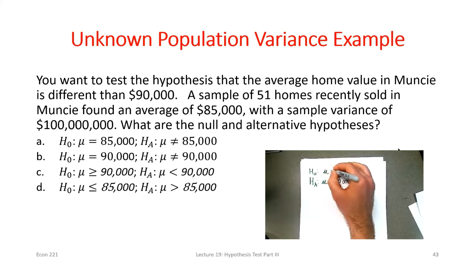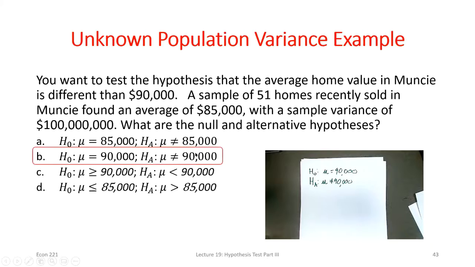For my null, I assume the opposite is true, which is that it's equal to 90,000. So when you see the term different than, hopefully these are easy null and alternative hypotheses to identify. So we know we've got a two-tailed test.